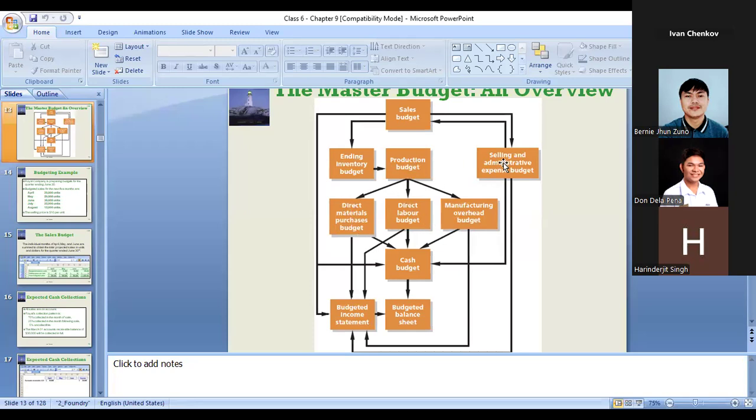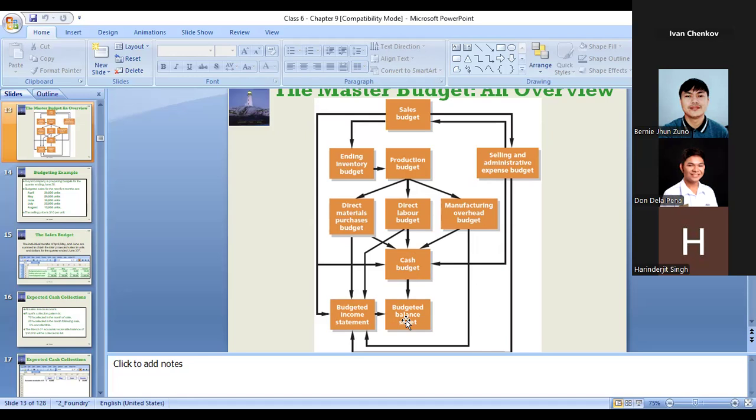The next thing is we have a period cost, which is sales and administrative expenses. We're going to prepare that budget. Once we have the product budget and the period budget, we can prepare the cash budget. Once we prepare the cash budget, then we're going to move to the income statement, and the final one will be the balance sheet.